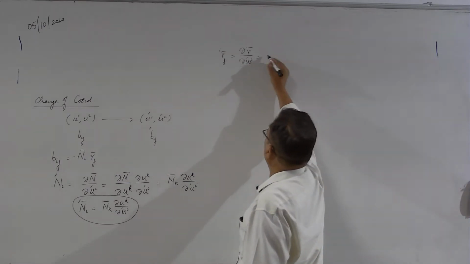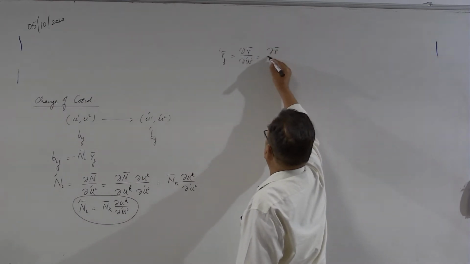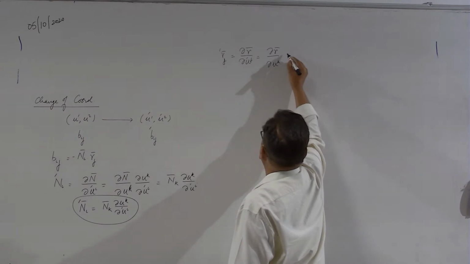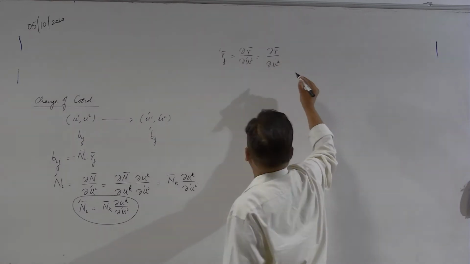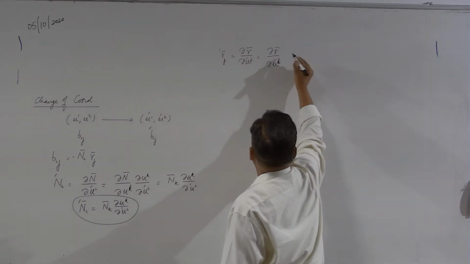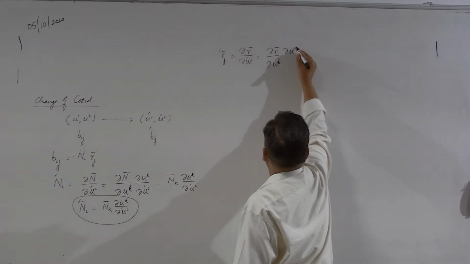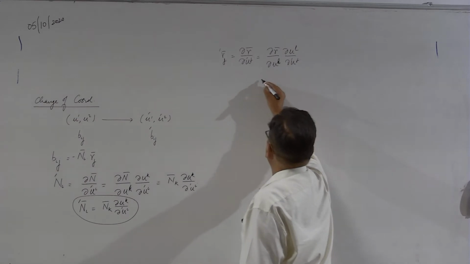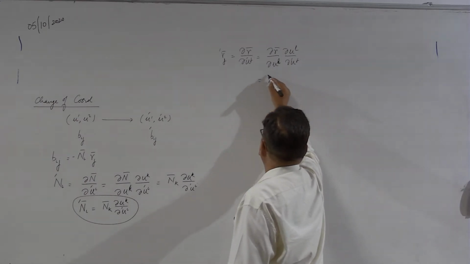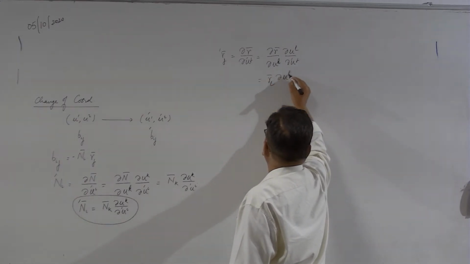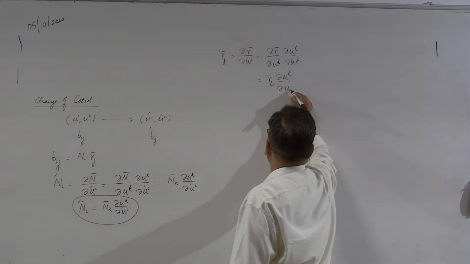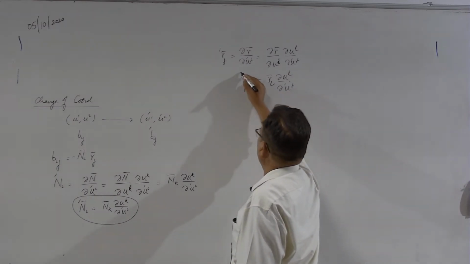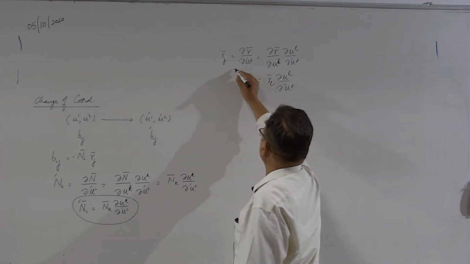Again by chain rule you can write del r upon del u_l into del u_l over del u_j dash, that is r_l into del u_l upon del u_j dash. So, this is how r_j transforms.